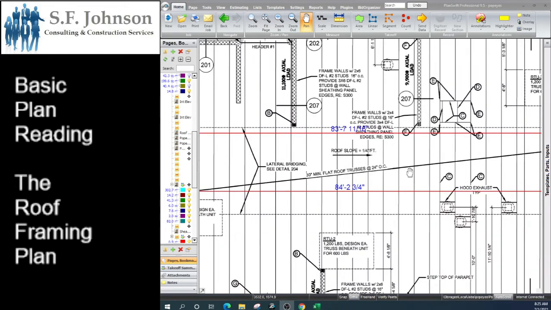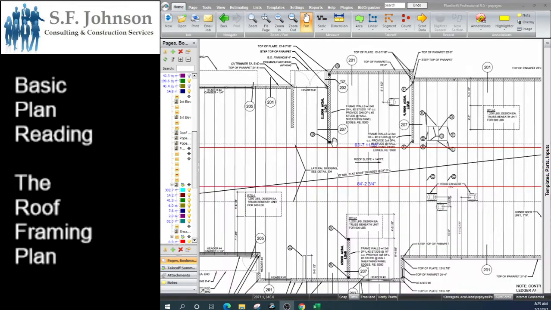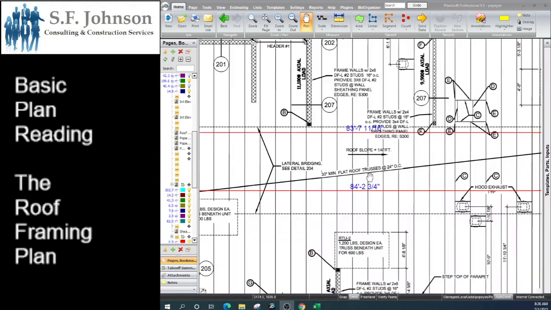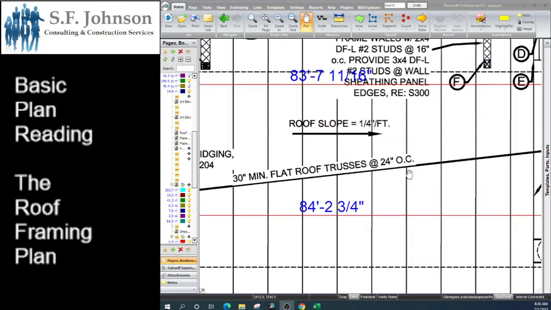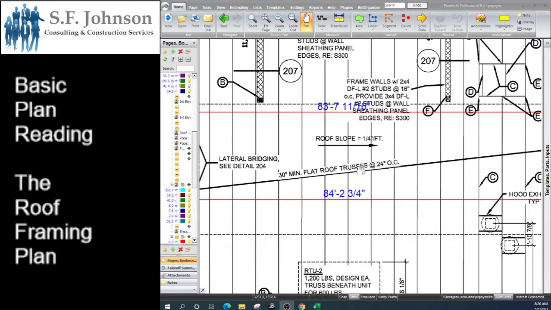If it was different, say for instance, if this was a home and this roof framing was different, there'd be another sweeping arrow like this in this area, and it would also tell you the type of roof trusses. So this roof framing consists of a 30-inch minimum flat roof trusses, and they're placed at 24 on center.